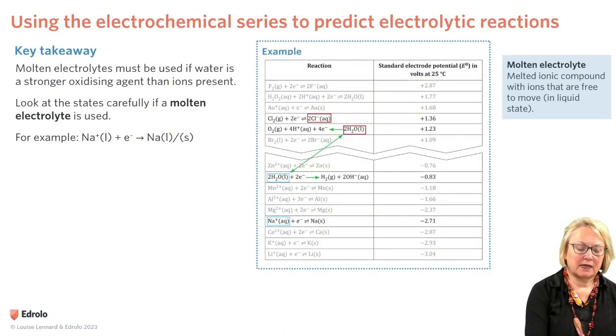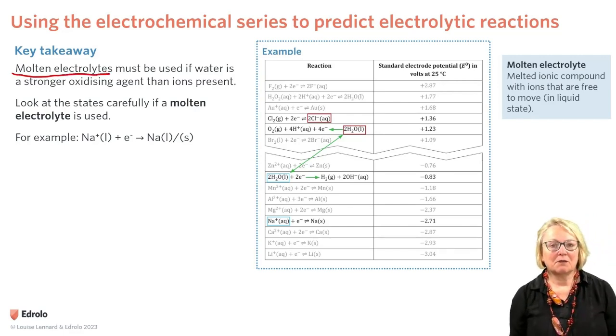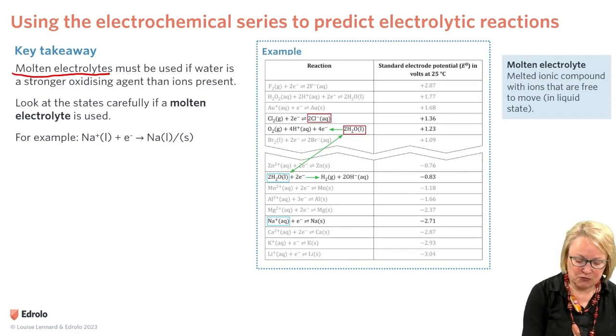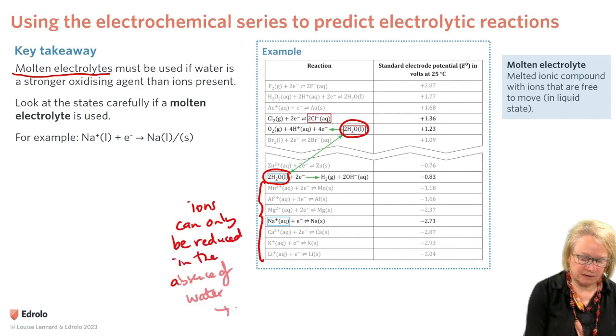Okay, if we have molten electrolytes, then we don't have any water present. And if we find water in the electrochemical series, these ions can only be reduced in the absence of water, i.e. the state must be molten.